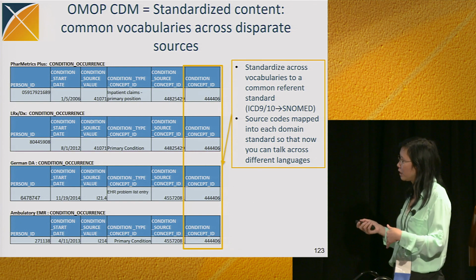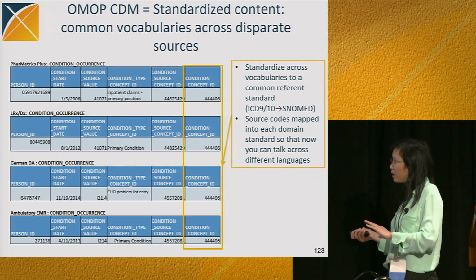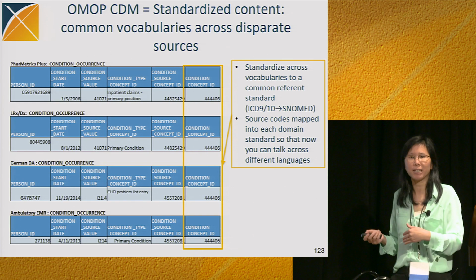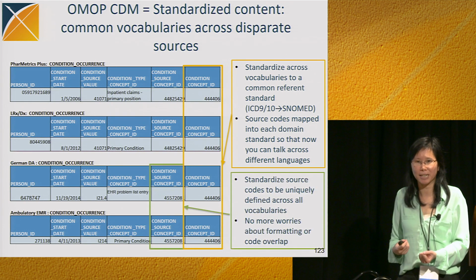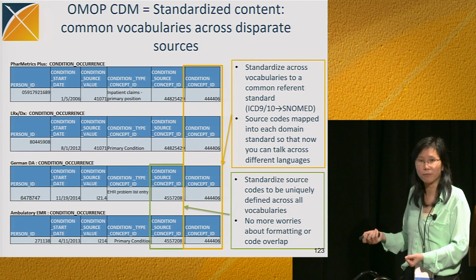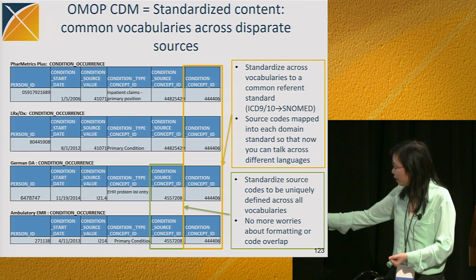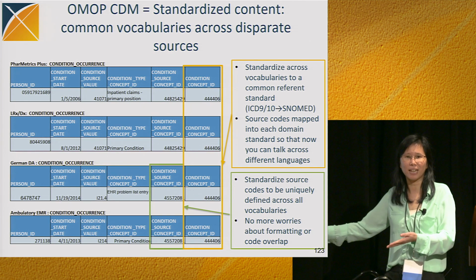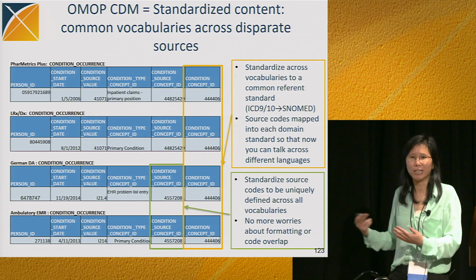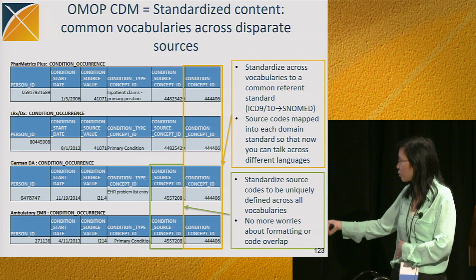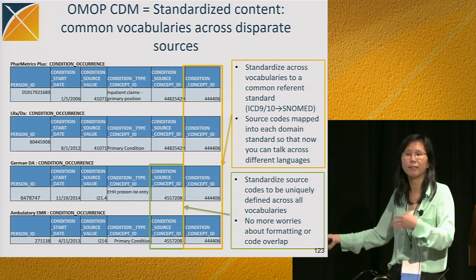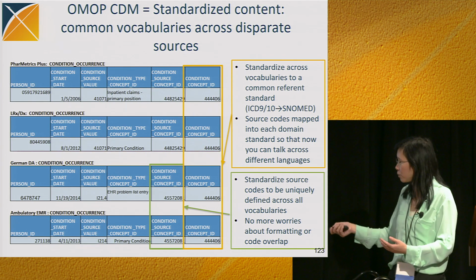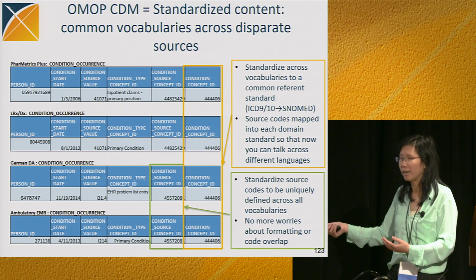Now, I heard earlier in the morning, why do we keep the source concept ID? Why do we need to store a source concept ID? Well, a good reason for that is this scenario here. Because if you just stored the source code, one has a dot, one doesn't have a dot. You have to remember all that. Well, here you don't. You just have to remember that the source concept ID is this, and it'll grab both of these records and not have to rely on this.